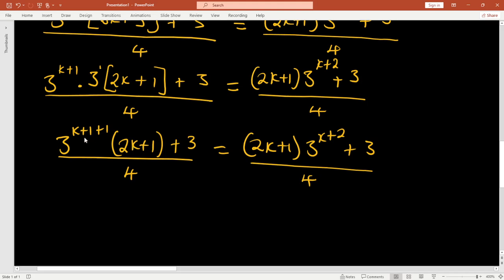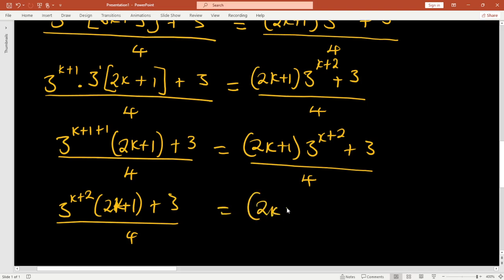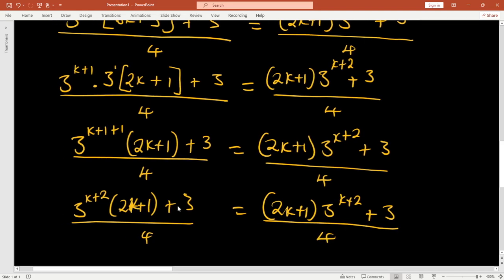Then here 1 plus 1 we get a 2, so that's the same as 3^(k+2), open brackets, 2k + 1, so 2k + 1 plus 3, divided by 4, is equal to (2k + 1)·3^(k+2) + 3 divided by 4 here. Now here we can just rewrite this, we just rearrange it the way it is on the right hand side.